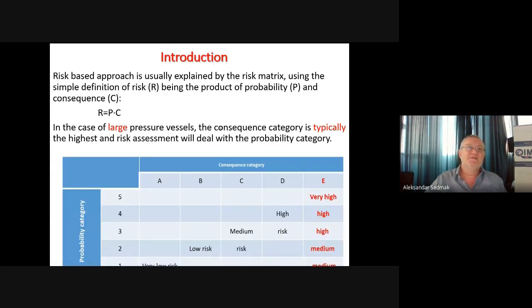So in this introductory part, let me now explain what we mean by risk-based approach and risk matrix. The simplest way to present it is to use the definition of risk as being the product of probability and consequence. So even though probability might be very low, if we have a potential catastrophe, then there is a certain risk.